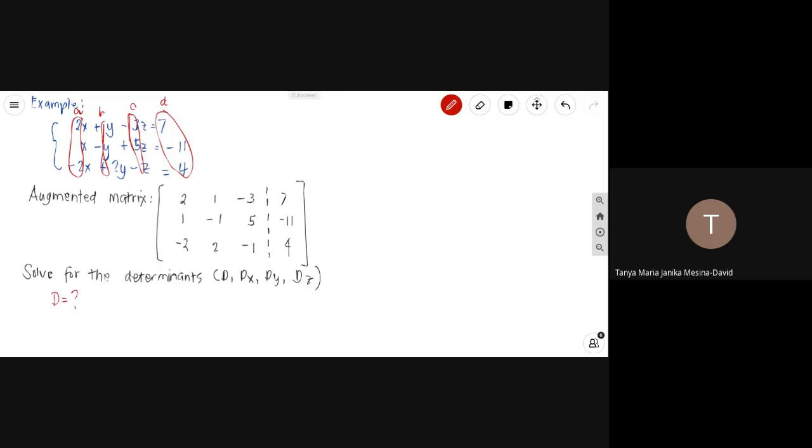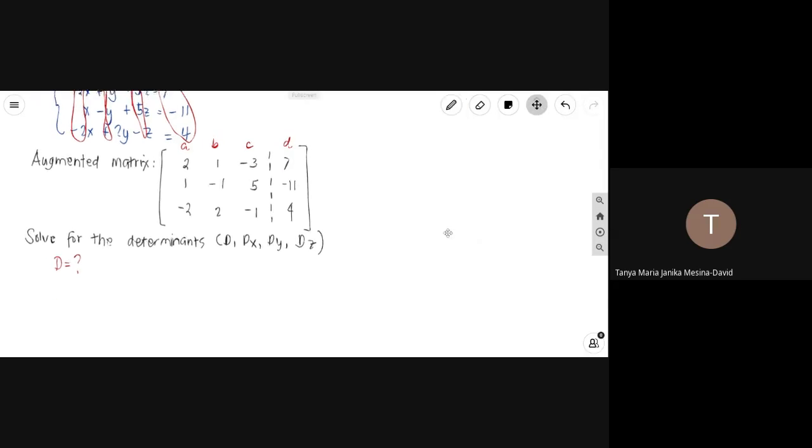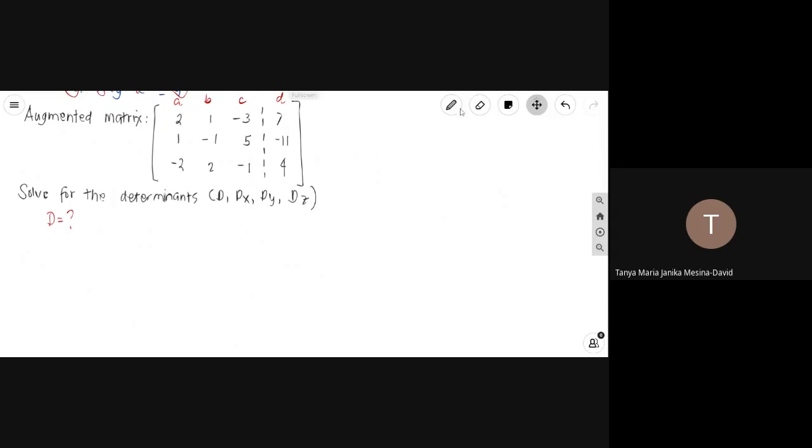Here's what I want you to do. I want you to cover, in the monitor, the D part. So I will just write it here as a guide. This is A, B, C, and D. I want you to cover the column of D. Because we're looking for the determinant D, what remains will be the matrix having the columns of A, B, and C. Okay?